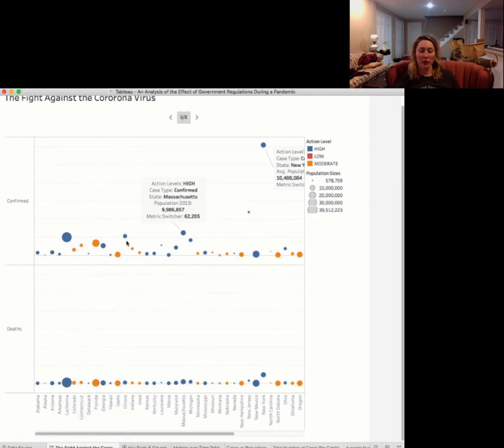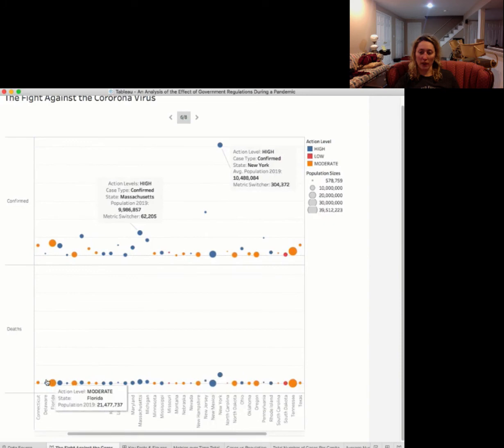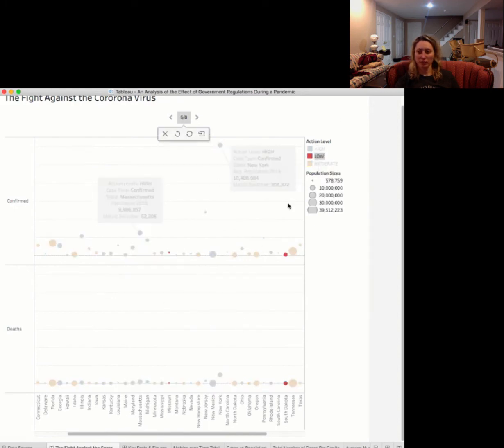But you have a few states that are annotated here that have huge jumps between their levels here. So I've annotated Massachusetts and also New York and gave some information on that, as well as if you wanted to look just at the high levels, just below the levels, or the moderate, you can too. As well as the population sizes here, it gives a little bit of a range.